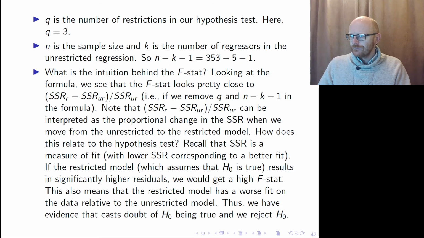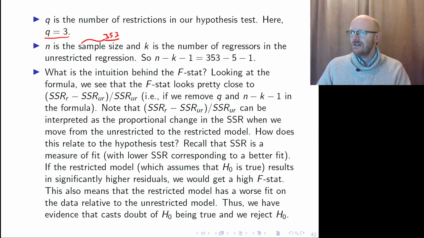Q is the number of restrictions in our hypothesis test, and in this case we have 3 restrictions, 3 slopes that we set to 0, which means that Q equals 3. N is the sample size, and K is the number of regressors in the unrestricted regression. Sample size is 353.